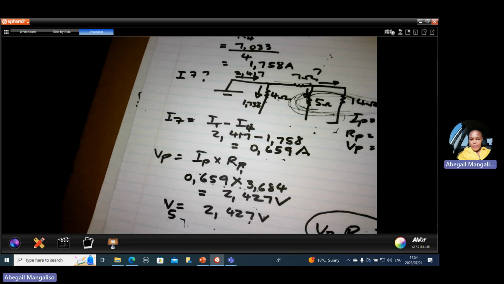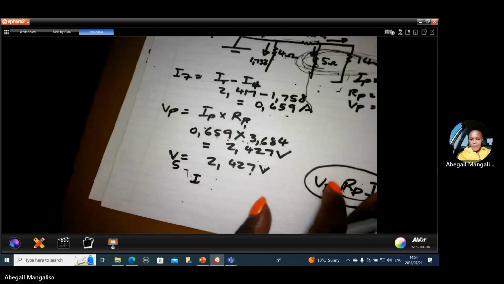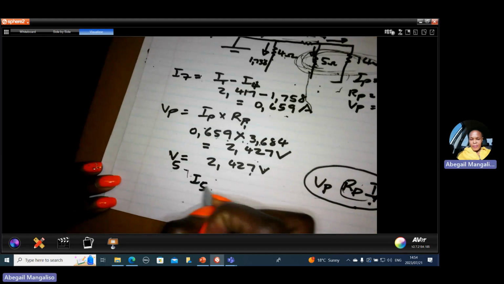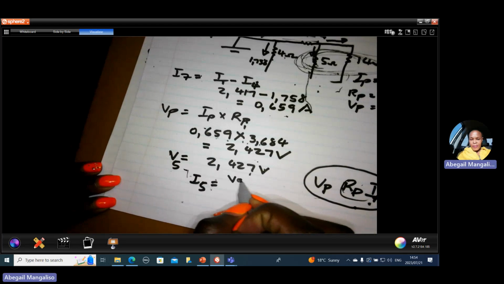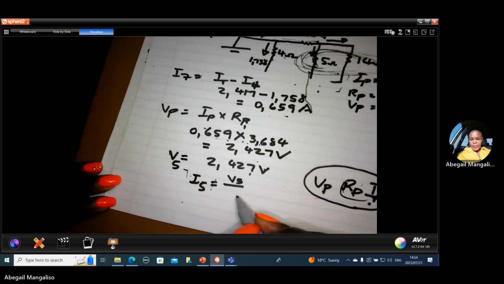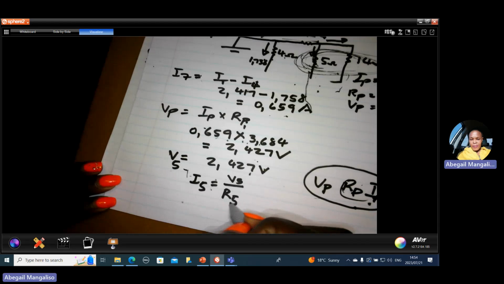Now, if the question was, calculate the current across this 5 ohm. To calculate the current across the 5 ohm, it would be I5. I5 is equal to V5 divided by R5.